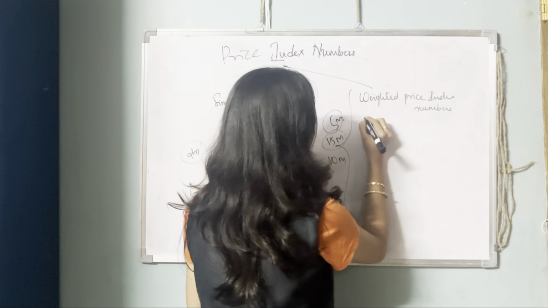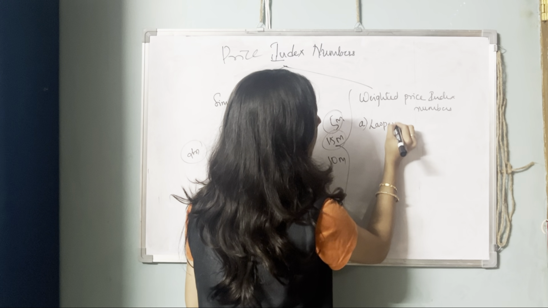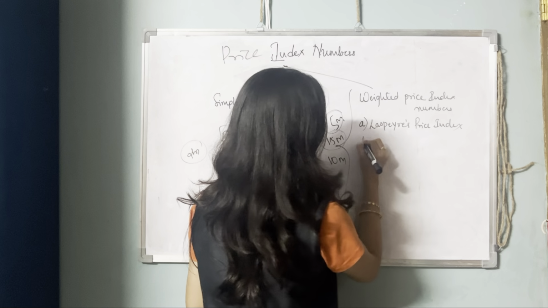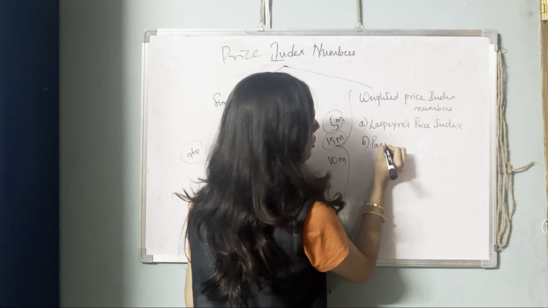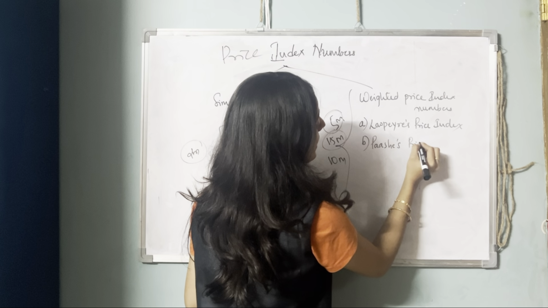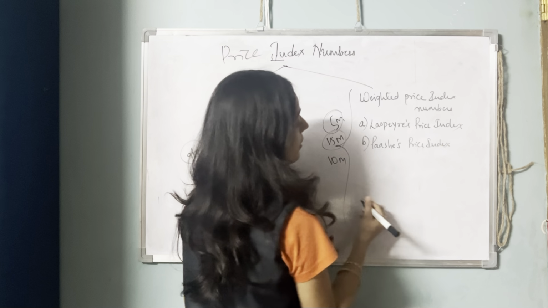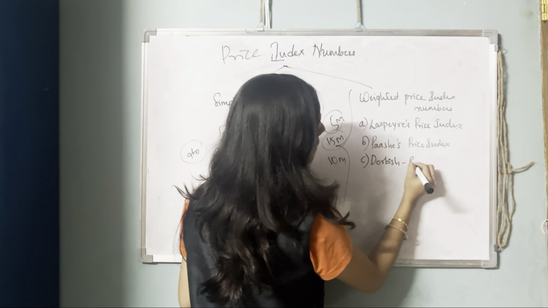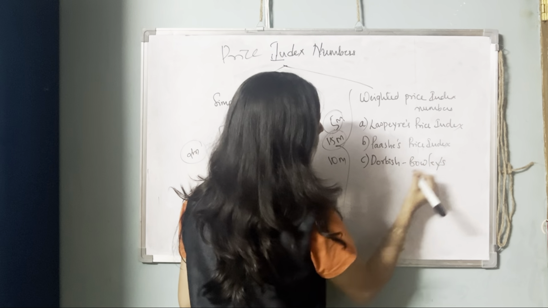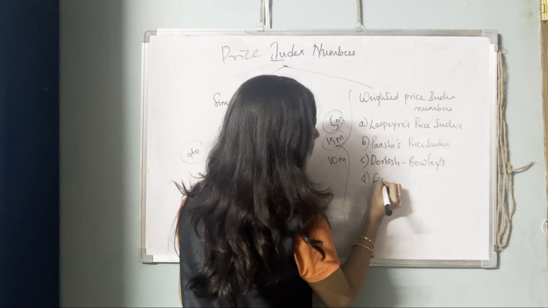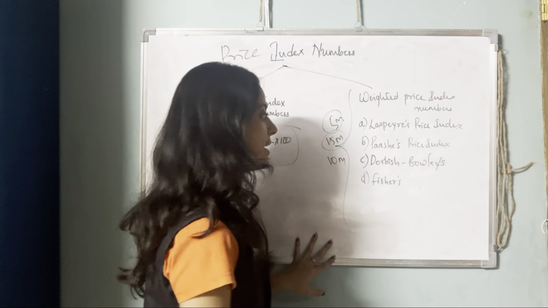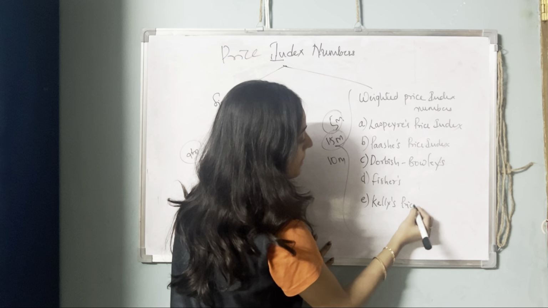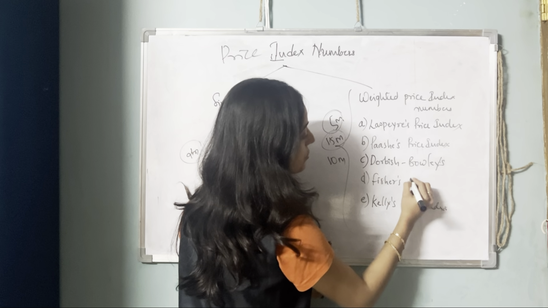Here again we have different methods: Laspeyres price index numbers, next Paasche price index numbers, next Dorbish-Bowley's price index numbers, Fisher's price index numbers, and next Cayley's price index numbers.